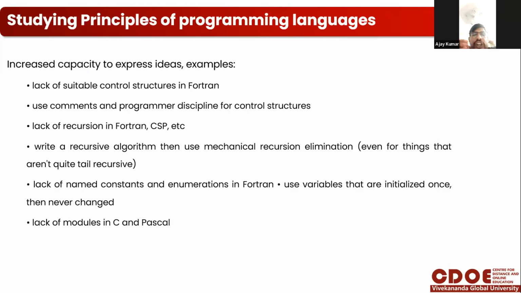So the lack of suitable control structures in Fortran, like using commands and programmer discipline for control structures, and the lack of recursion in Fortran, are features of languages. We just hear the name recursion and the name control structure, and we learn these topics in the next part.